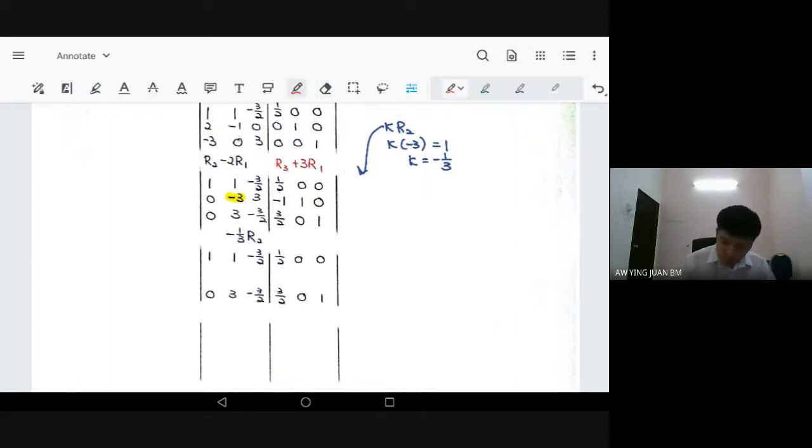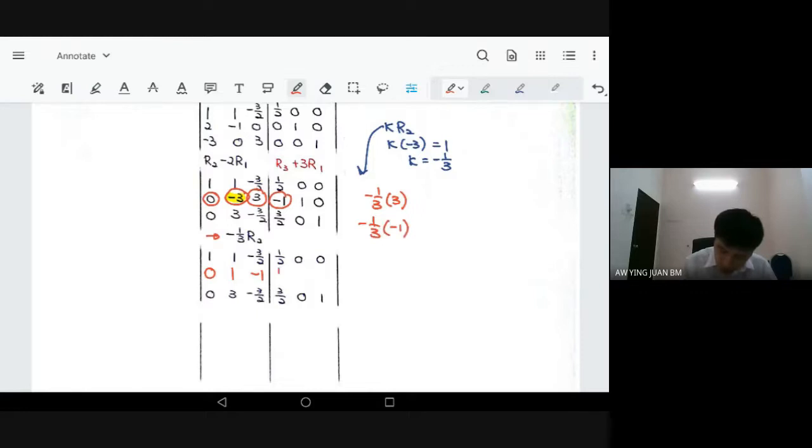So what we have to do is 0 multiplied with the formula. We have 0. Next, negative 3, we will obtain 1. Next, we have negative 1 over 3 multiplied with the 3. So we will obtain negative 1. Continue. We have negative 1 over 3 multiplied with the negative 1.